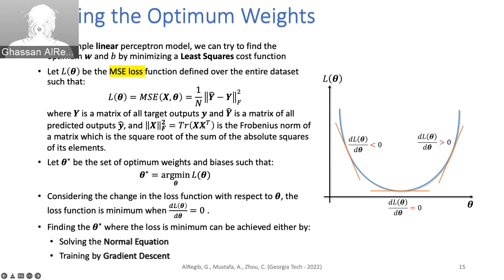A simple form for it, the x times x transpose to the trace, that will give you the Frobenius norm. Again, this notation, if it's confusing to you, just understand what the Frobenius norm is, and that's all that really matters. Don't get confused by these notations if they don't make you feel comfortable about them.